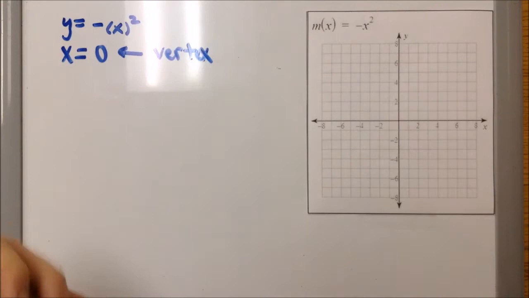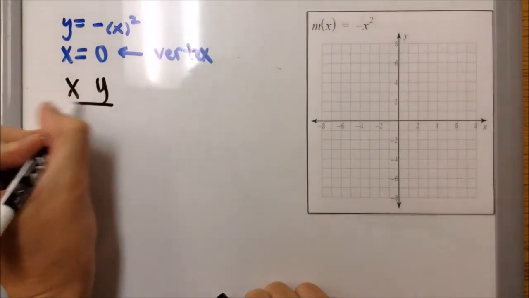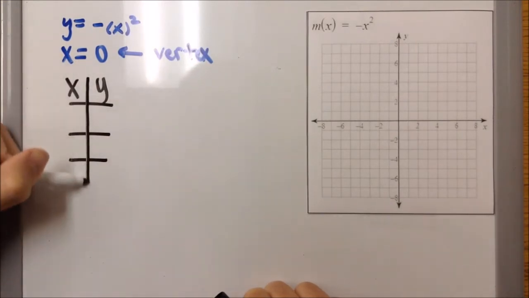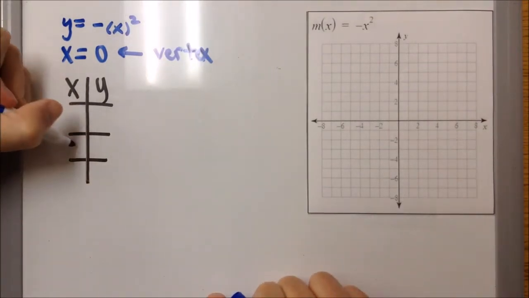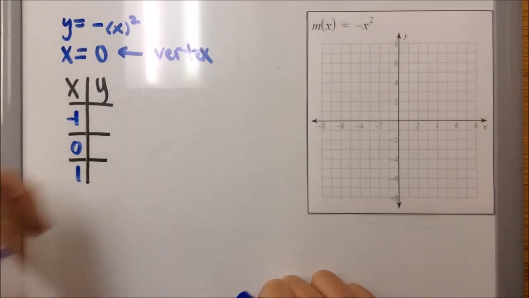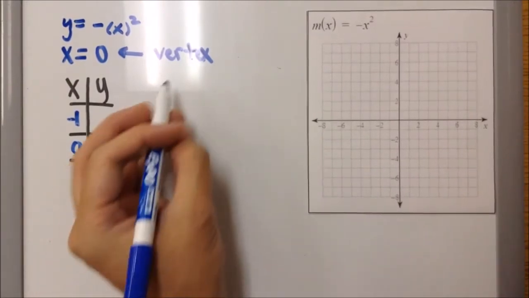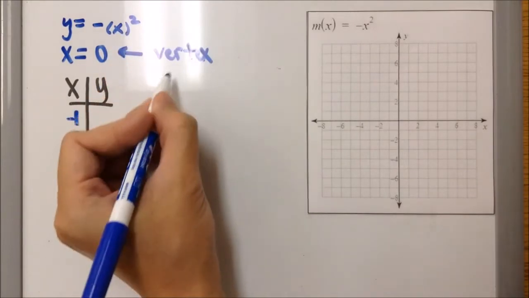So our vertex. And again, we just need 3 points for this type of function. Alright, so 0 in the middle, 1 less, so negative 1, and then 1 more. So our x values. So, same process, going to plug in these x values into the function.